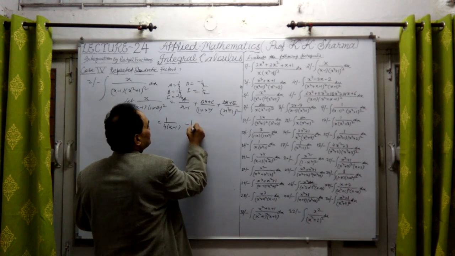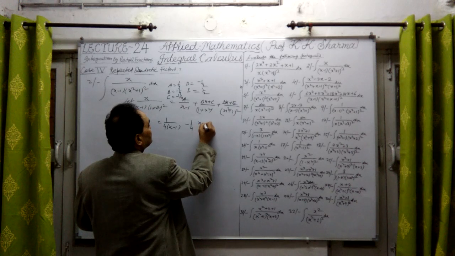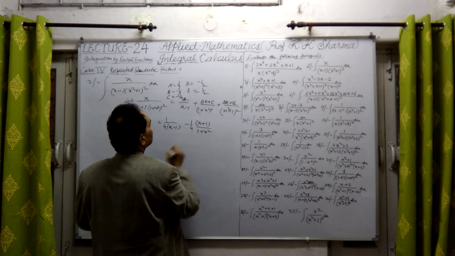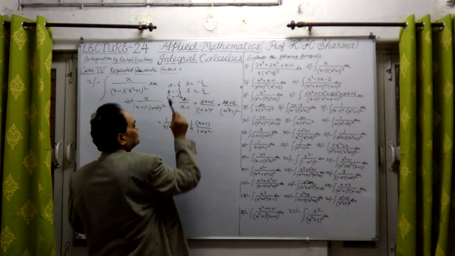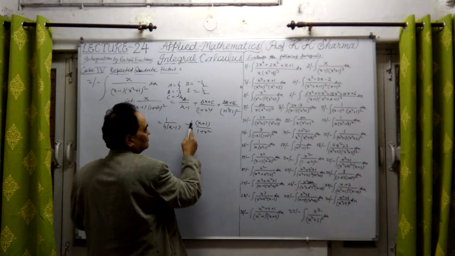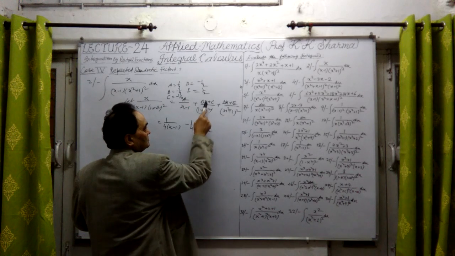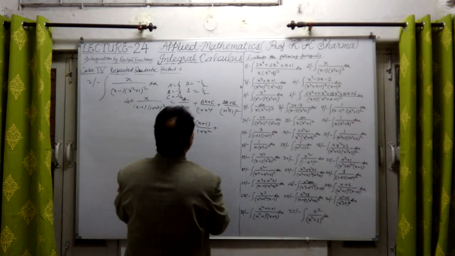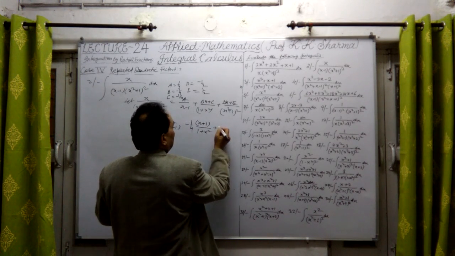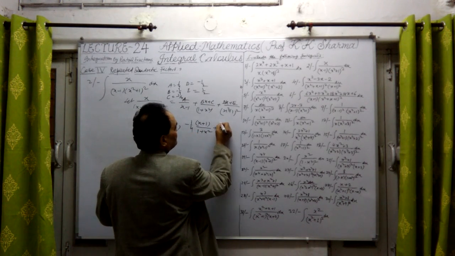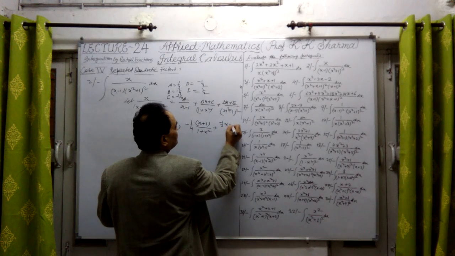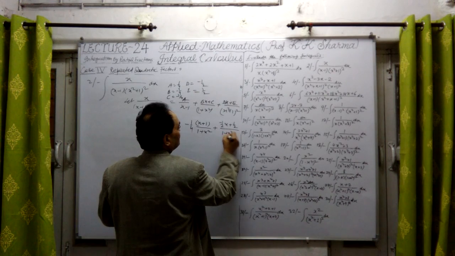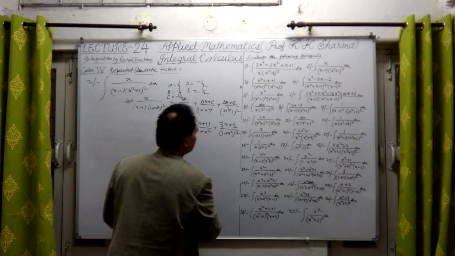Let me take minus 1/4 common, it will be x plus 1 upon 1 plus x square. Plus D is minus 1/2, so this is minus 1/2 into x plus 1/2 upon 1 plus x square whole square.